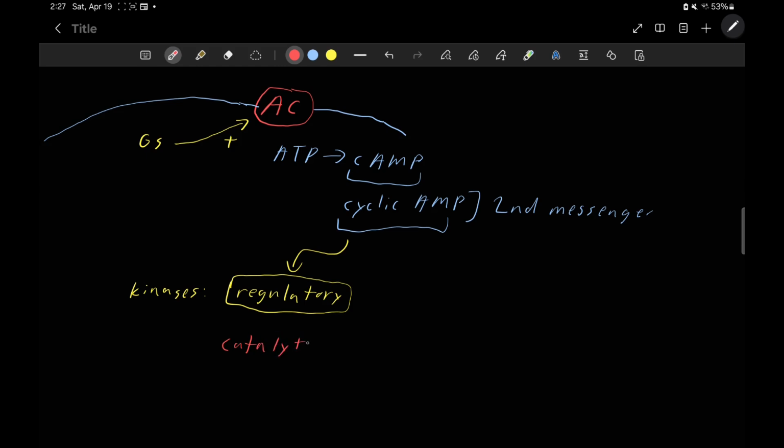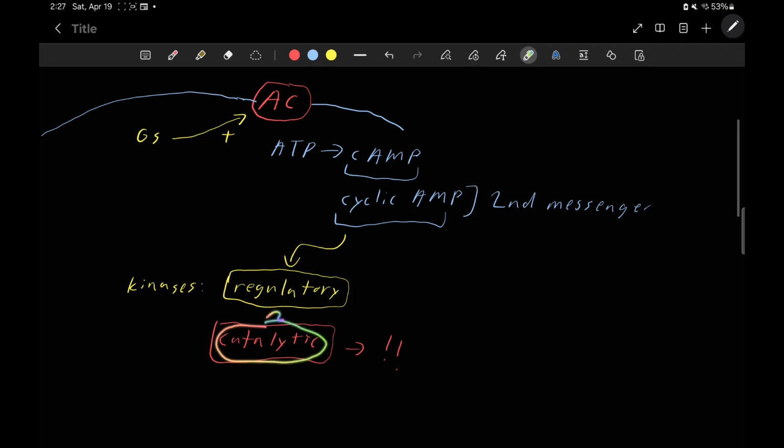And as the name suggests, catalytic part, this is the part that actually catalyzes reactions. This is the part that's responsible for reactions inside the cell. The regulatory parts, this one up here, is responsible for keeping the catalytic component under control. So it will be attached to the catalytic component and it'll kind of hold it in place.